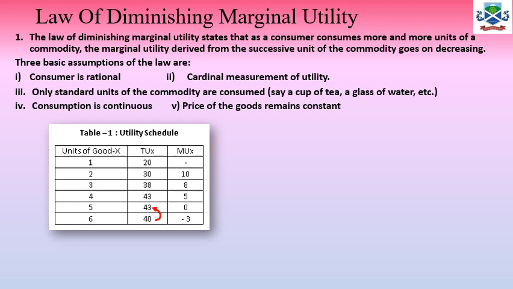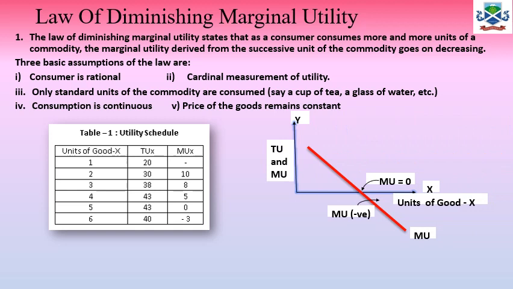Now if this utility schedule is plotted in a diagram, you will get a diagram like this. The marginal utility curve, a straight line, is diminishing and moving to the negative zone.